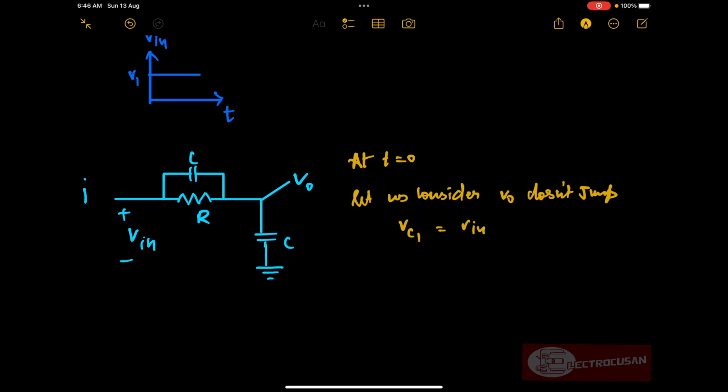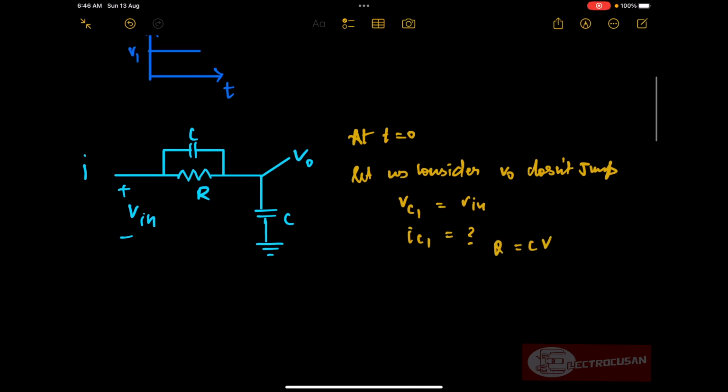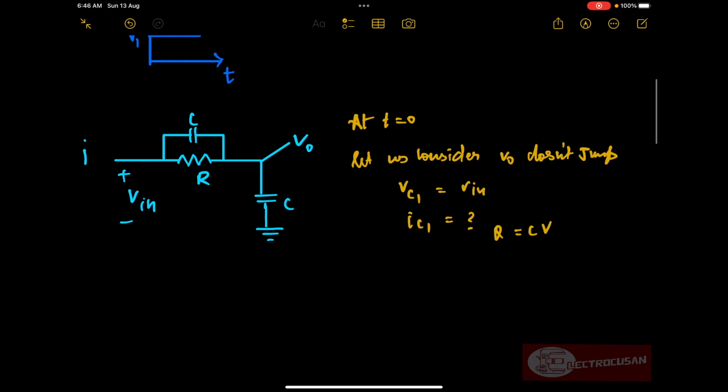Here Vc1 is the voltage across the capacitance, and what is the current that is flowing through the capacitance? In order to find that, we'll use the equation of capacitance, which is Q equal to CV. If you take the derivative on both sides, the derivative of Q with respect to time is current, and here C is constant, and this is dV by dt.